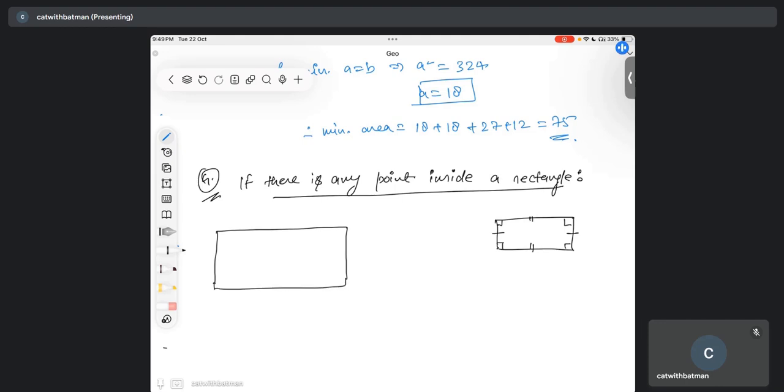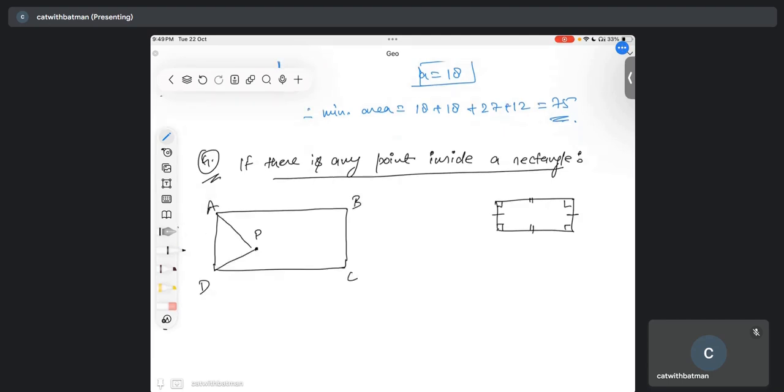Now, as I was saying, let's say there is a rectangle and there is any point inside it, let's say this is that point. Let's call this point P. Now if I join all the vertices with this, something like this.